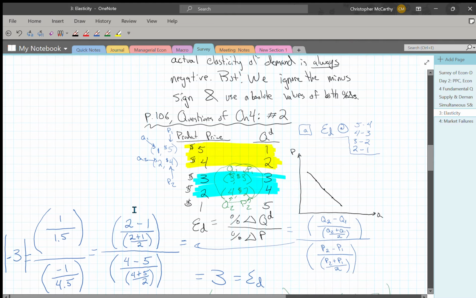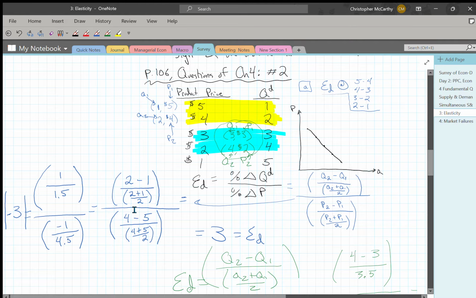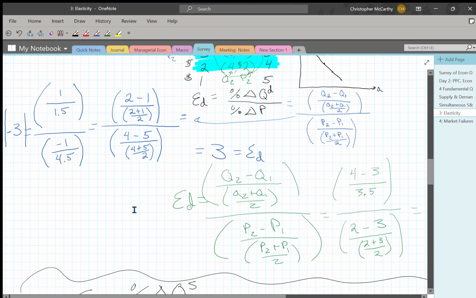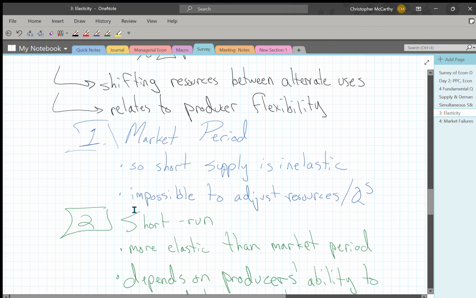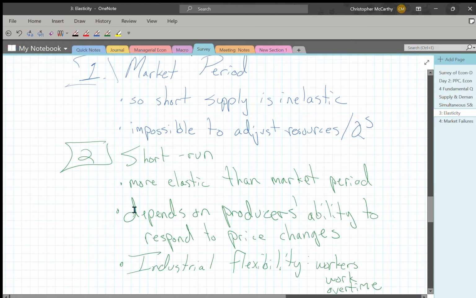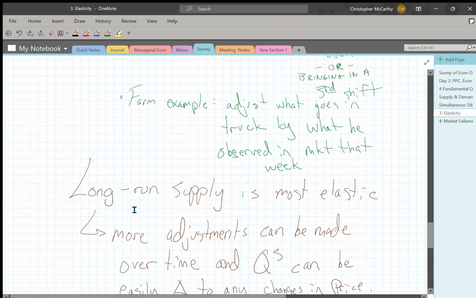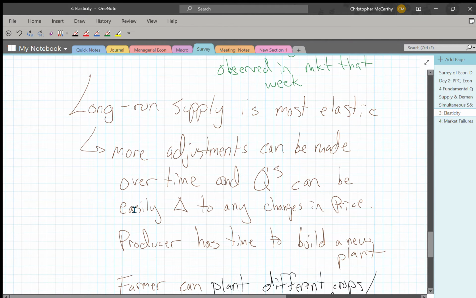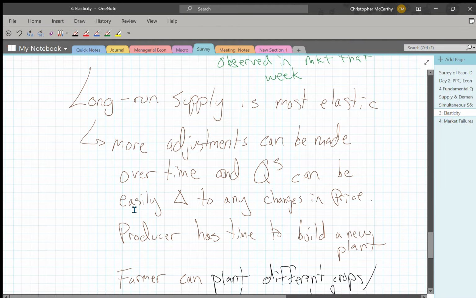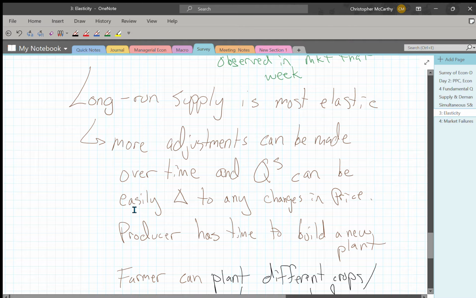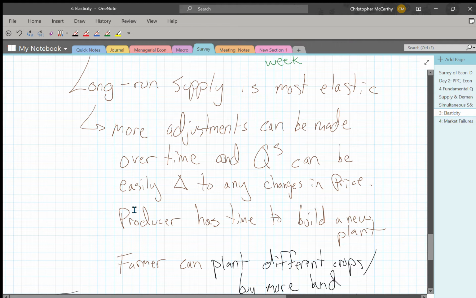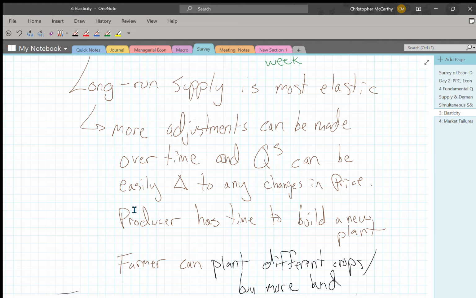So we went ahead and we calculated the elasticity for chapter 4, problem number 2. And then we talked about the different things that cause elasticity to change and be more inelastic or elastic. We know that in the long run, especially with supply, it's most elastic. So the long run elasticity is determined by how changeable the company can make those inputs.